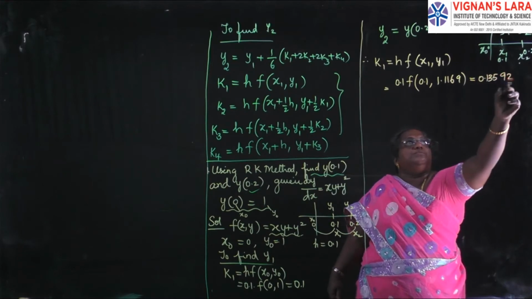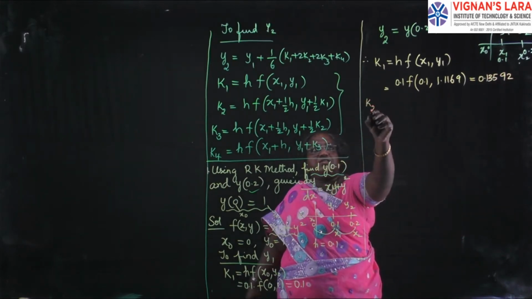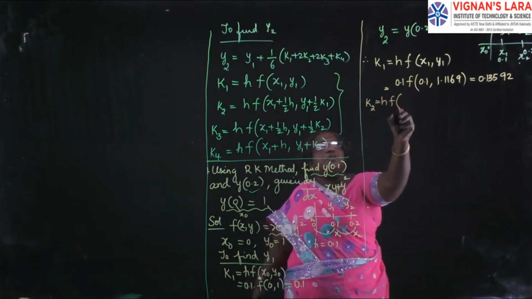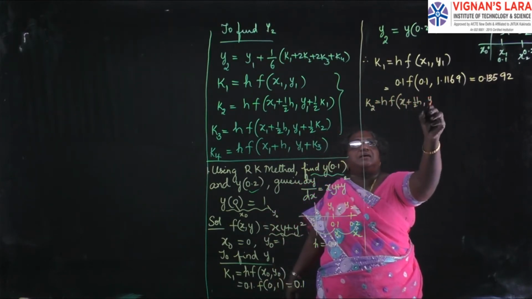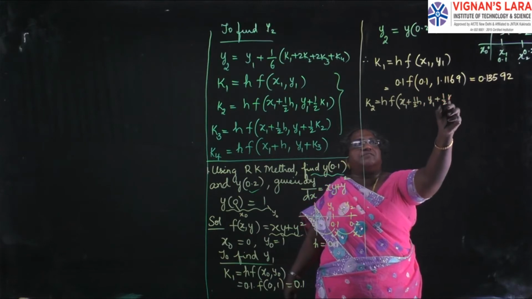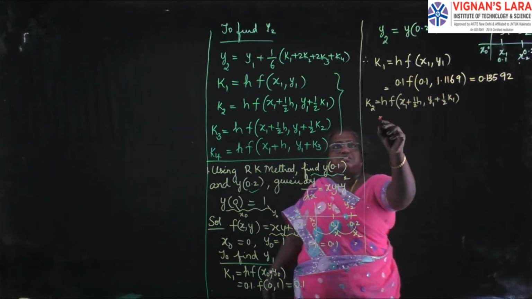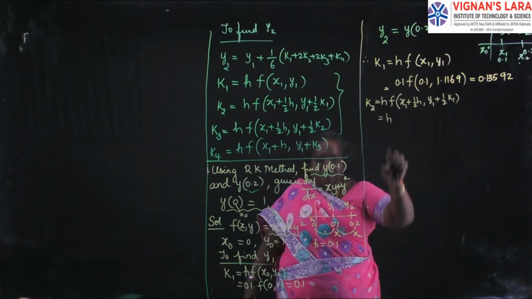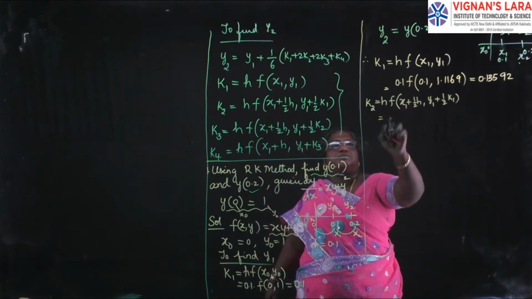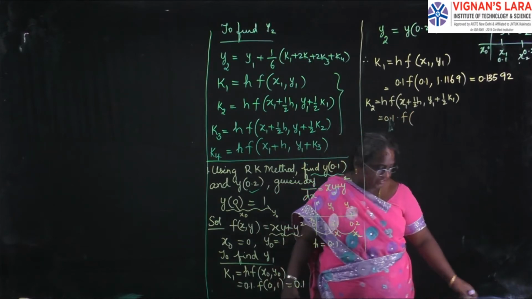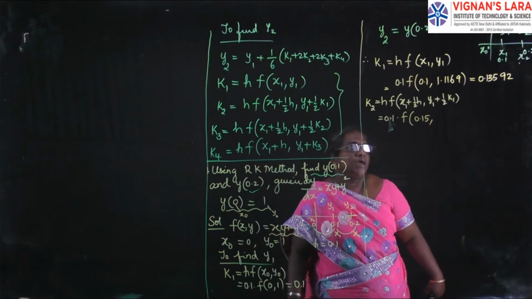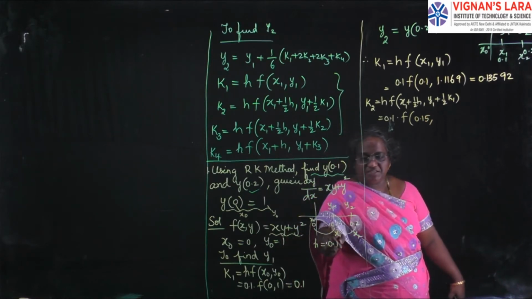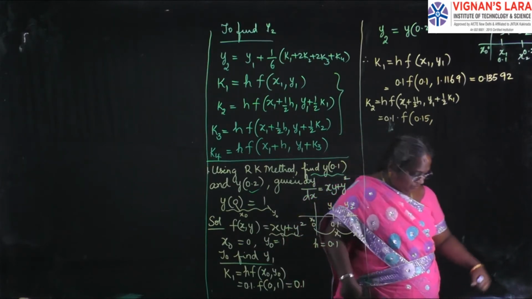So if you evaluate with the previous procedure, here we will get k1 as 0.13592. Similarly, k2 is equal to h into f of x1 plus half h and y1 plus half k1. So this is h, which is 0.1, into f of x1 plus half h. x1 plus half h is 0.15, since x1 is 0.1 and half h is 0.05.